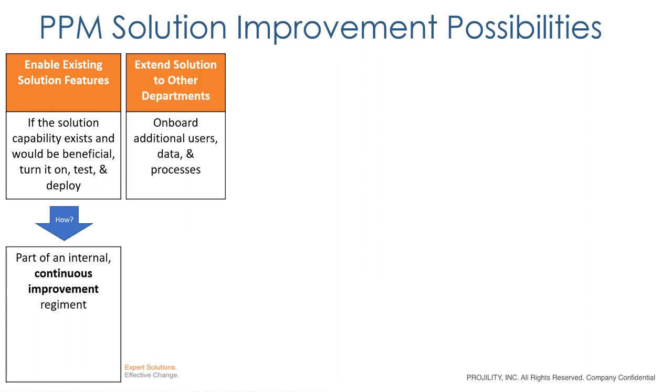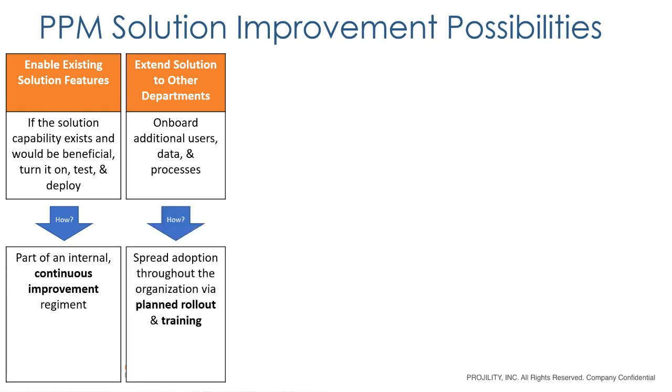Another option would be to extend the solution to other departments. This is where you have had some success inside your organization, and you are looking to duplicate that success for some additional departments. Like maybe you're in IT, and the accounting or the procurement departments would like to jump on board and share in your success.